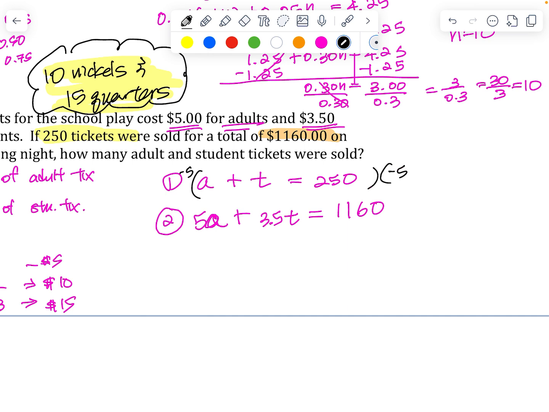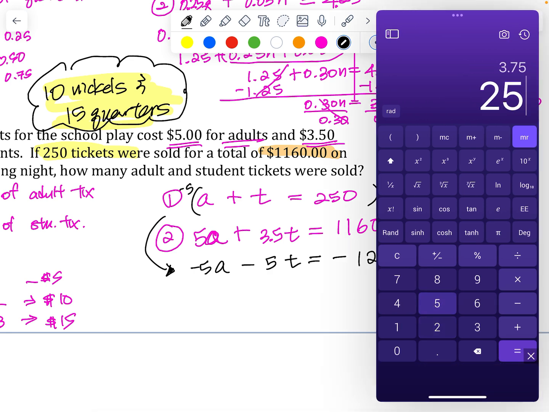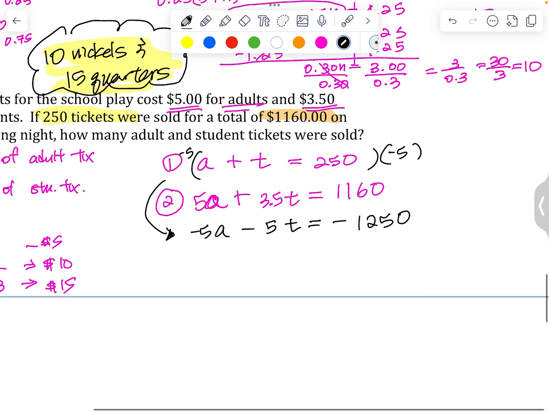So this one turns into -5A minus 5T equals negative, what's 250 times 5? Let me just quickly double check my math because I don't want to make a mistake with it. 250 times 5 is 1250.